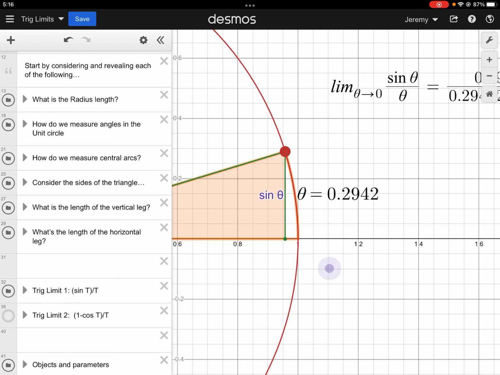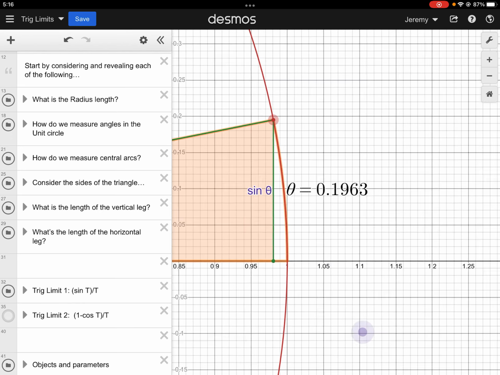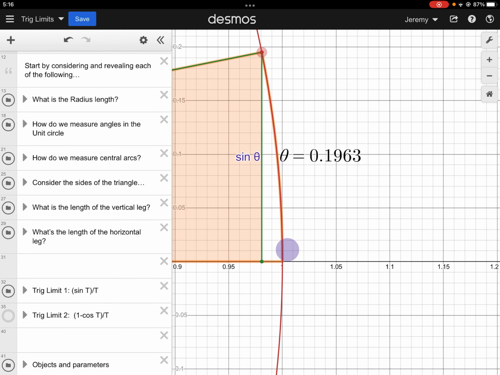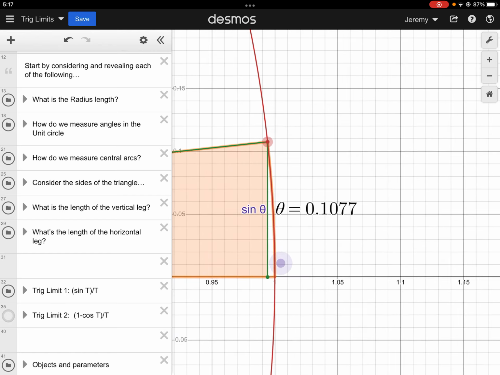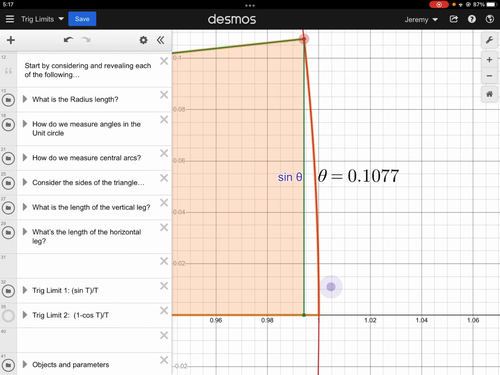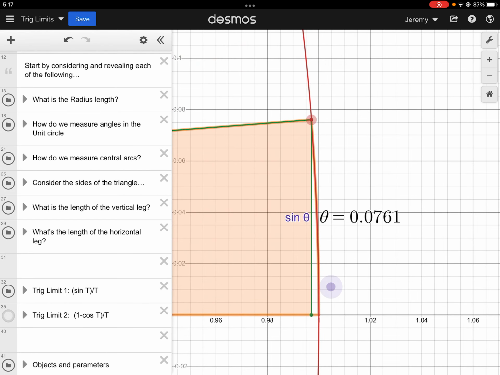And so as we shrink this down, I'm going to zoom in. The angle's getting smaller, but I'm zooming in on that picture, and what's happening? This is a circle on the outside, and we've got this vertical line still.